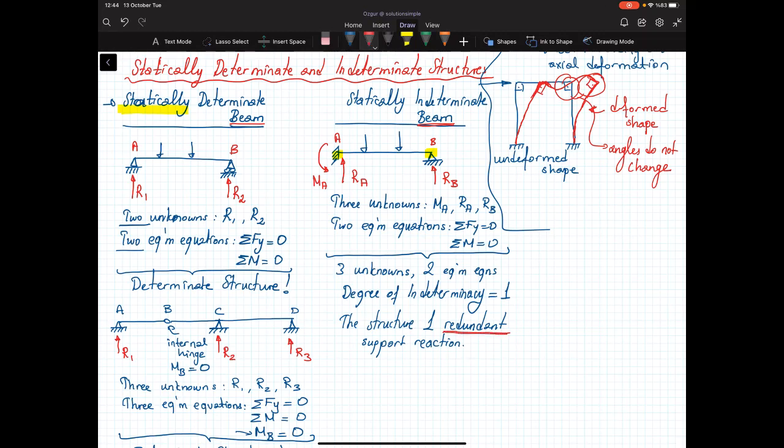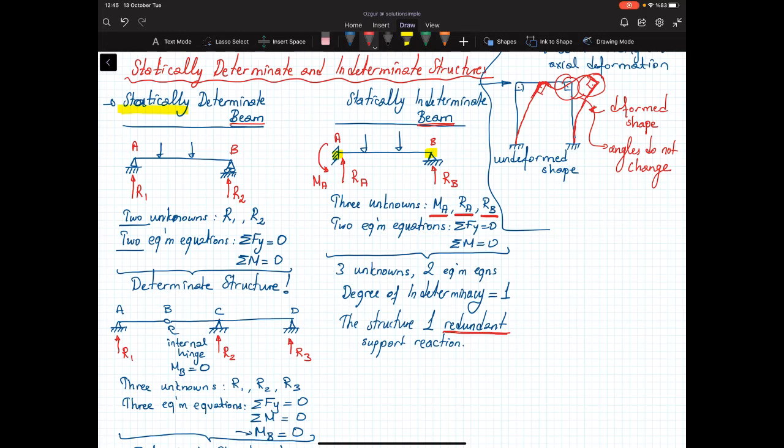Because in order to satisfy the equilibrium condition, we don't need three resistances. All I need is two. If I have two support reactions, RA and RB, I can satisfy the equilibrium. But I added a redundant support condition, MA, to make the structure a little bit safer.